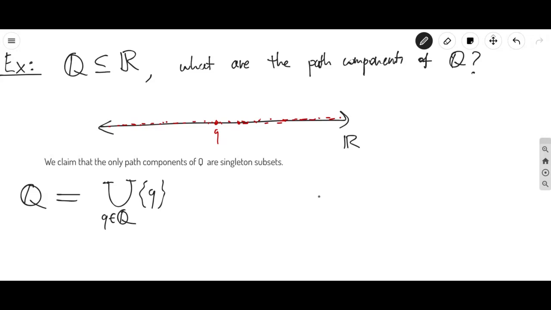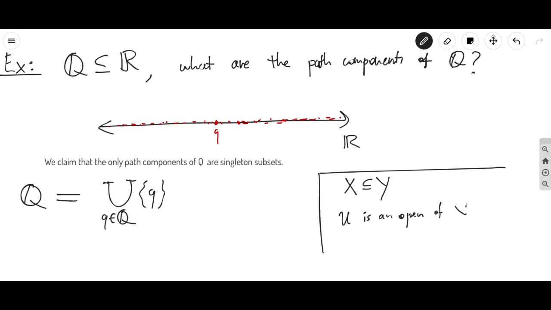Let's say this more generally: if X is contained in another topological space Y, U is an open subset of X if and only if U can be written as V intersect X, where V is open in Y. This is what you call the subspace topology.